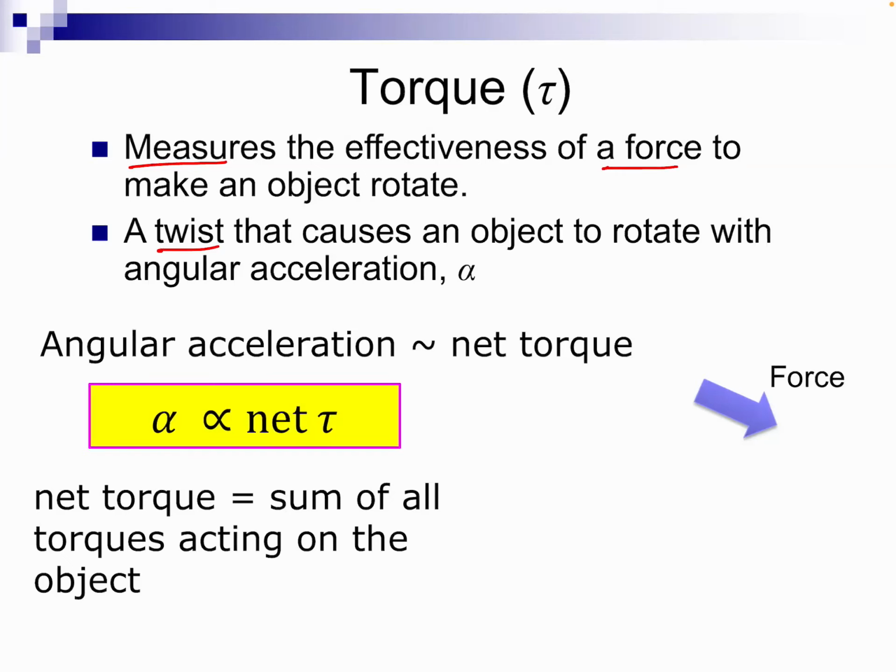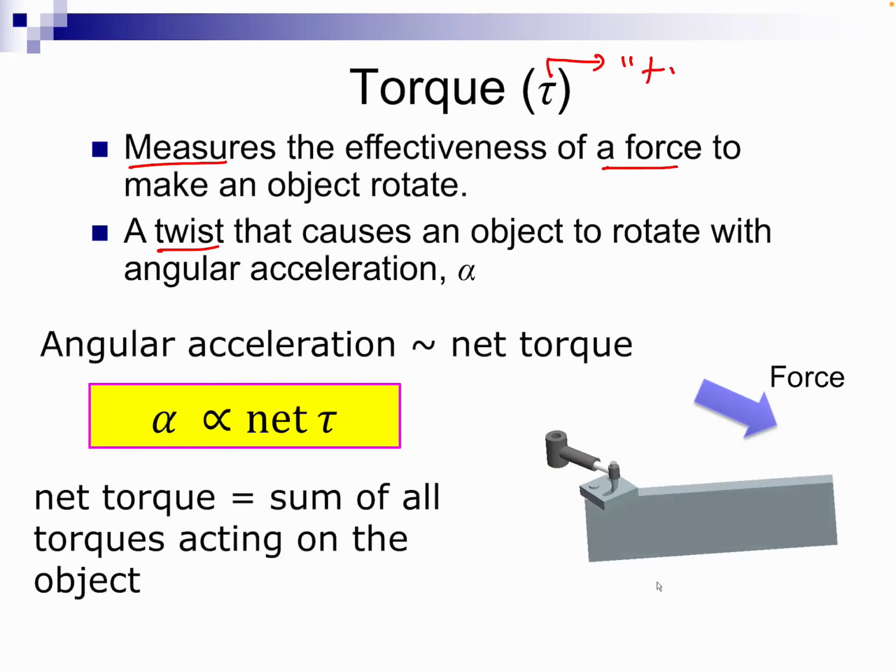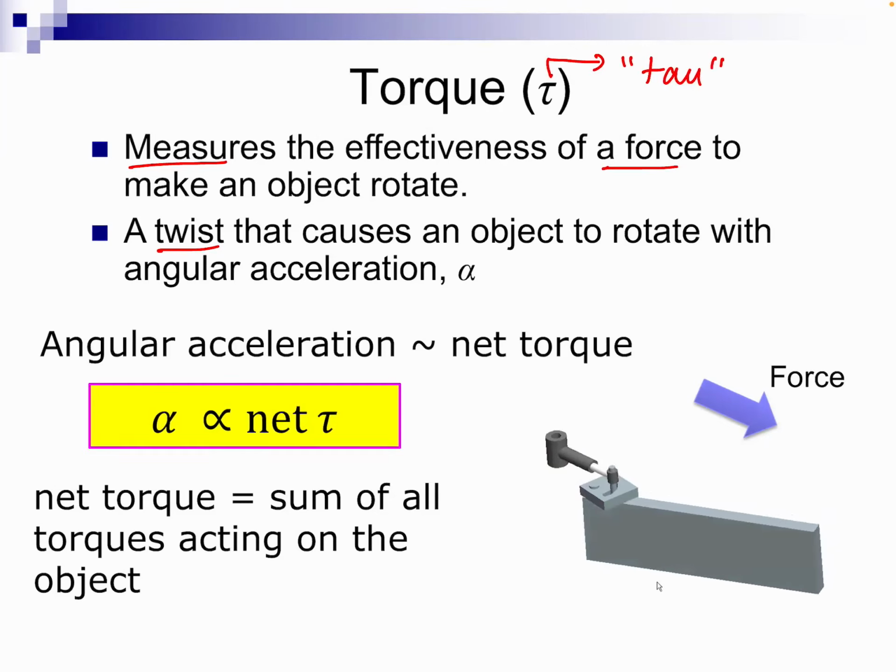So for example, here you have a force and you push on the door. Pushing on the door is applying a force, and that force will twist the door about some axis, causing it to rotate. Okay, so just to define terms here, we will use this Greek symbol, which we read tau. That's the Greek symbol tau that we will use to refer to torque.